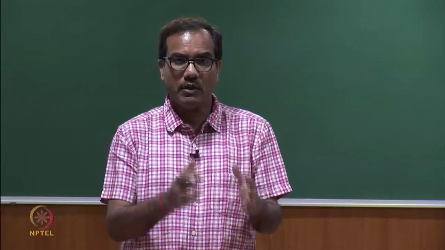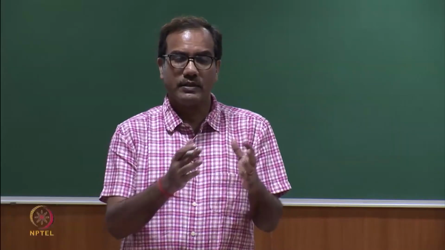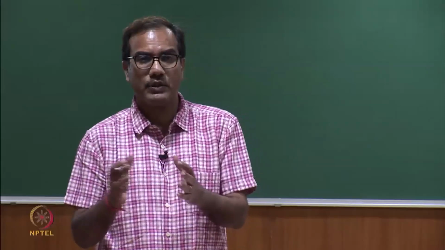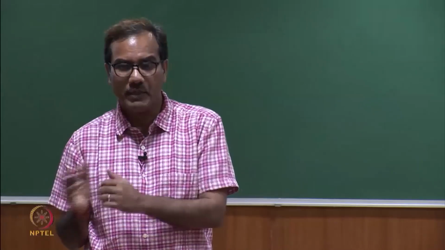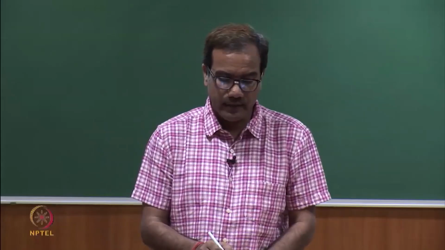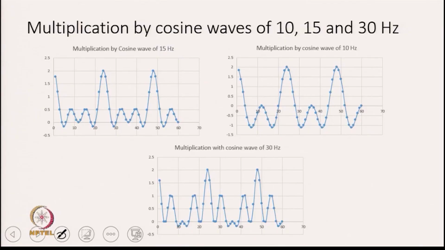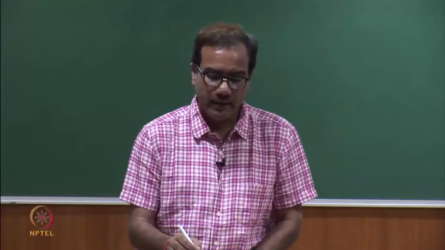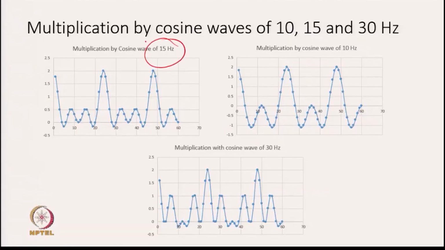It is going to be a sum of cosine waves of different wavelength. So, let us think of if I multiply the wave consisting of 15 hertz and 30 hertz cosine waves by your 15 hertz cosine wave, then what you get?